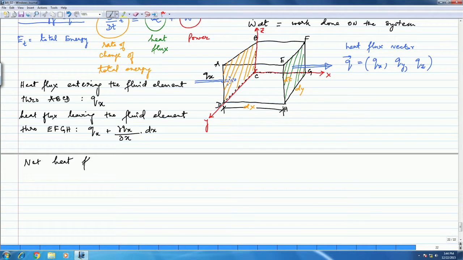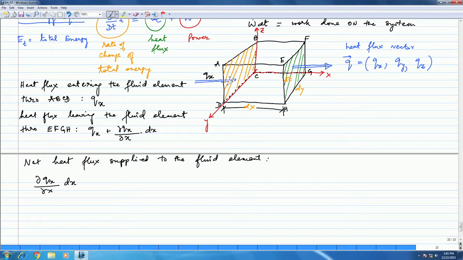So net heat flux which is supplied to the fluid element, okay.